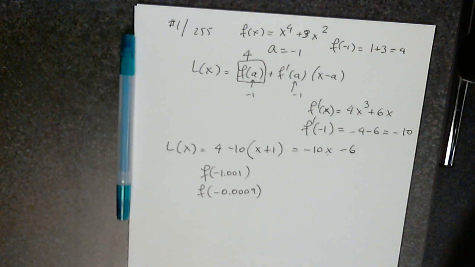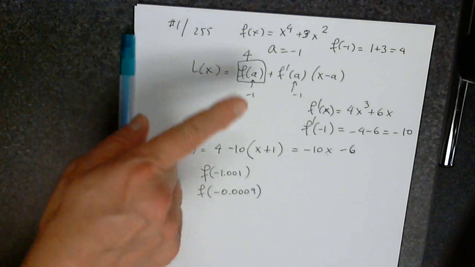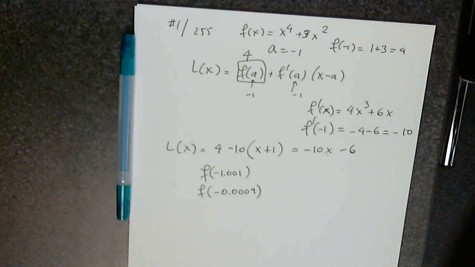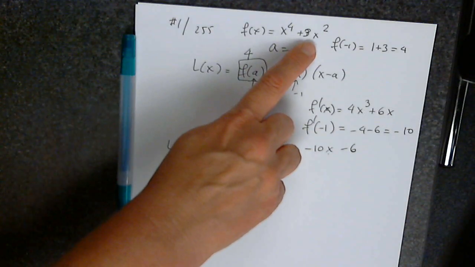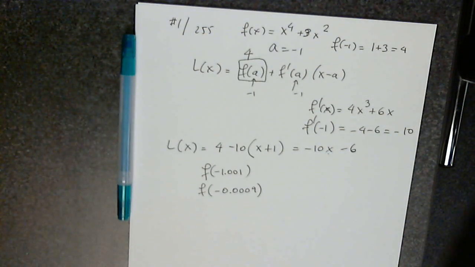Which would you prefer, assuming you did not have a calculator? In which of these two functions would you plug in -0.998? In this and raise it to the 4th and then square, or in this, knowing that the difference is almost non-existent, right?